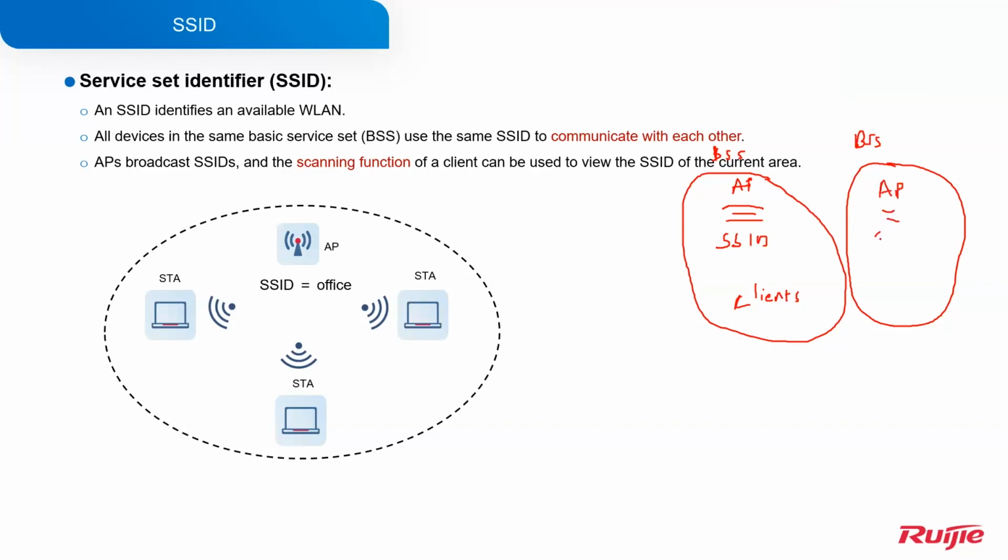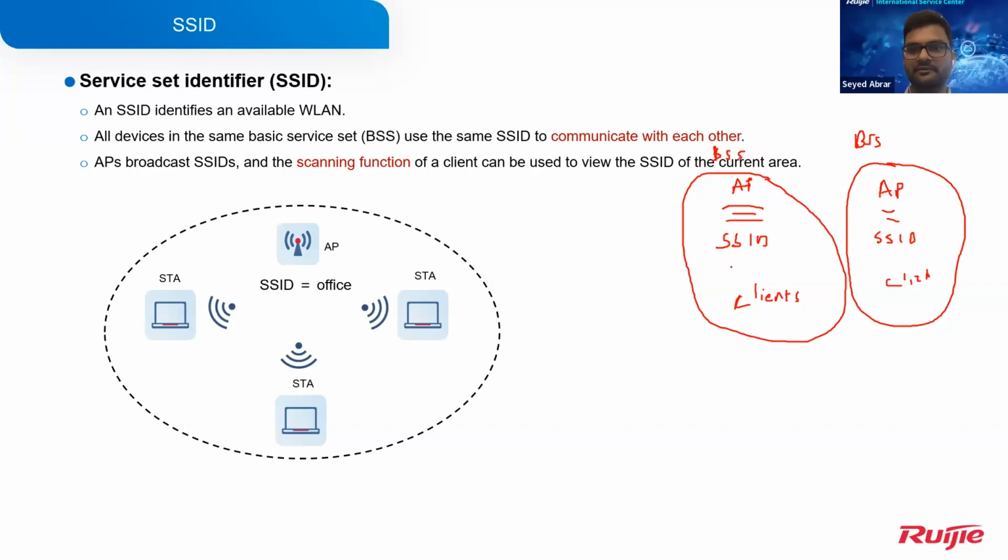It can be the same SSID, with its clients. So this is how it will be. Within the same SSID, one AP will be one BSS and the second AP has the same SSID, but the BSS is 2. The combination of the 2 BSSs will become one ESS, extended service set.